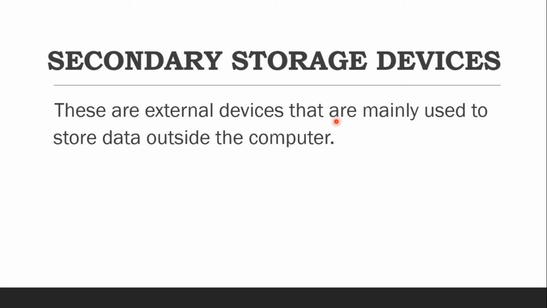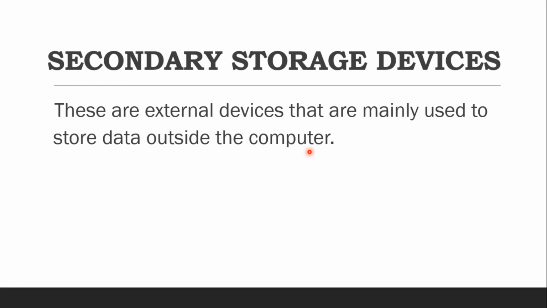Secondary storage devices. These are devices that are mainly used to store data outside the computer. Not only outside, some could be internal, inside the computer, but they are not the primary storage. They don't originally come with the computer as the main storage device.